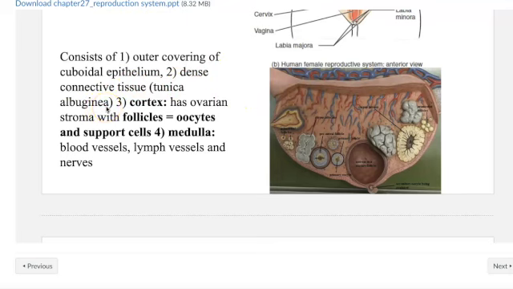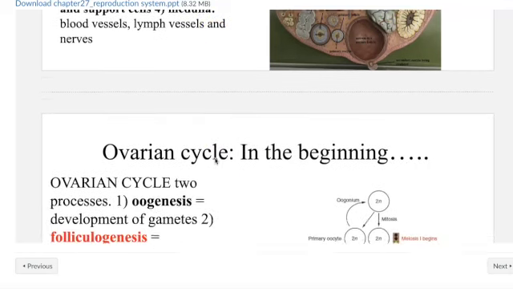We've seen that in the male reproductive organ as well. In the cortex, it has something called the stroma. Stroma is a connective tissue, pretty much like a framework. And then the medulla, which is the inside, has lymph nodes and all that. And here are some different stages of the oocyte that we're going to look into.